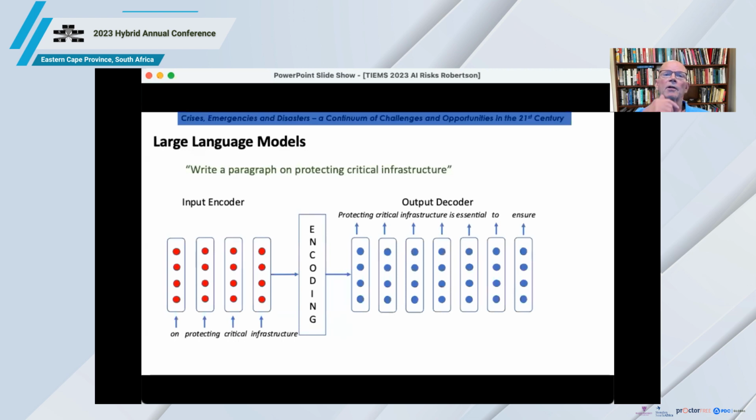For example, if you write a paragraph on protecting critical infrastructure, it's a text string that is presented to the deep neural network, and it encodes this and processes it in a way to produce an output that is the most likely desired response to the input. So it's text strings in, text strings out. Only the text strings can be 4,000 words long, and the outputs, of course, can be very complex results.